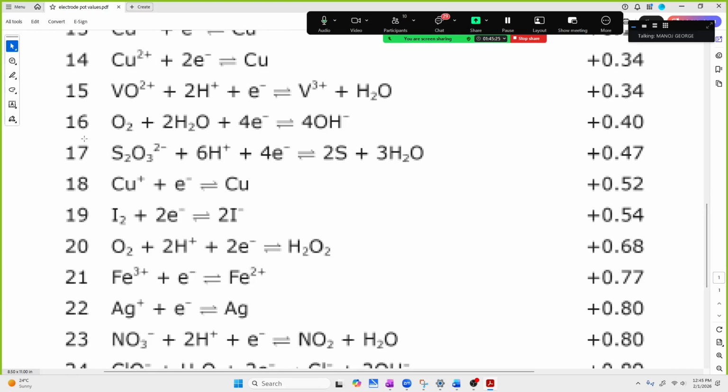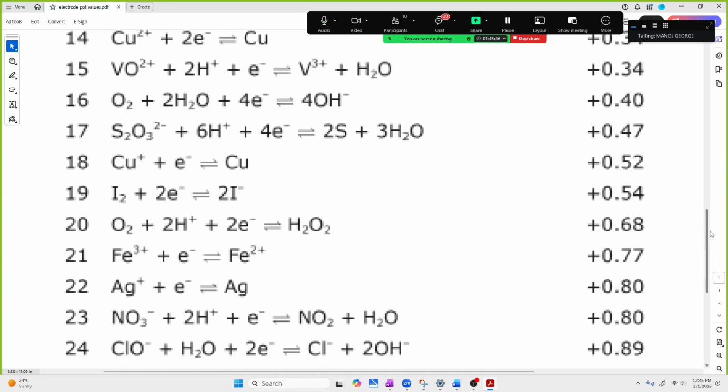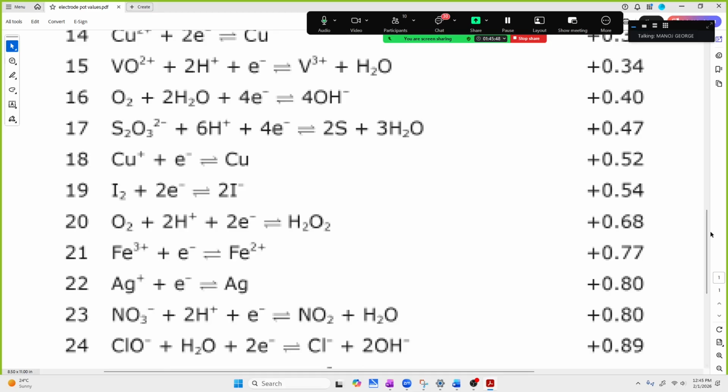Give me yes or no. I can't, because when I say acid medium, I need to look at the list. Can you tell me which equation will work from this list? No, we don't take equation number 20. We don't work with hydrogen peroxide, so just dump that equation.